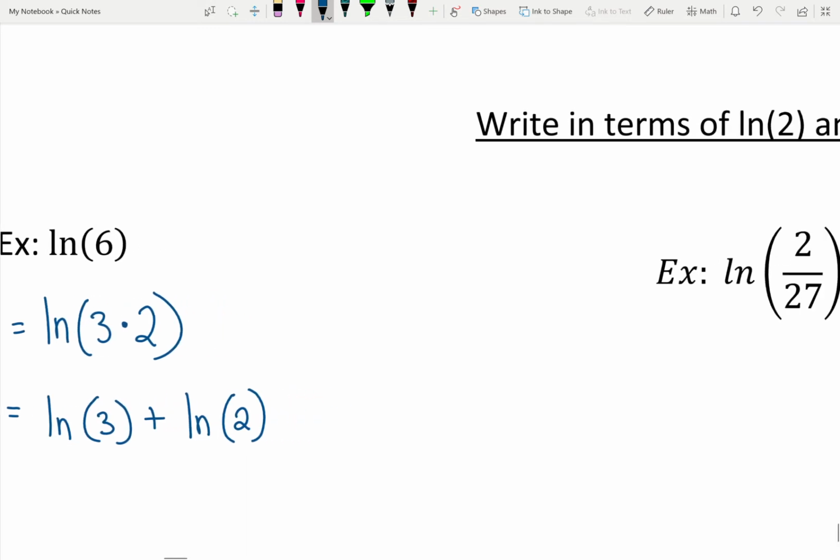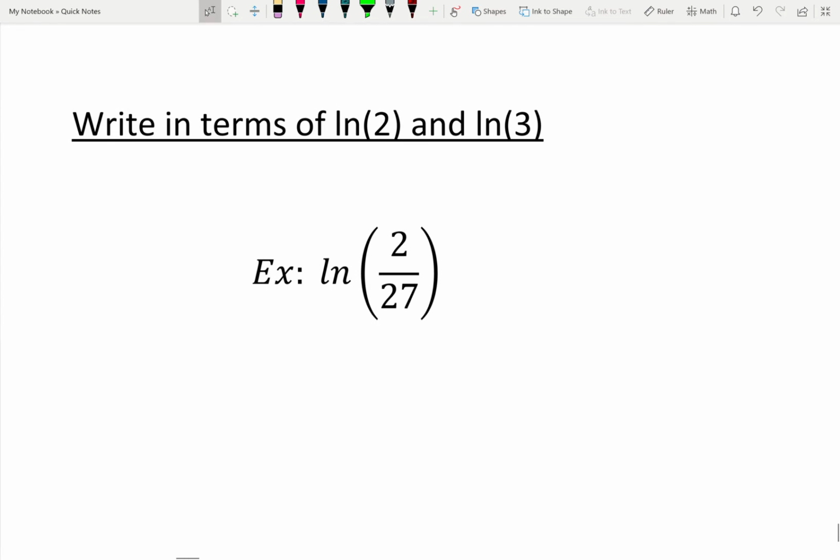All right, let's work on the next one. Okay, so we're supposed to write these in terms of ln of 2 and ln of 3. Right now, we can't really do much as far as dividing anything goes. So let's go ahead and use our second property. See, inside this parentheses right here, we have some sort of ratio or quotient.